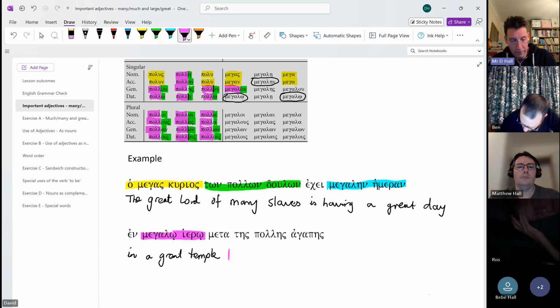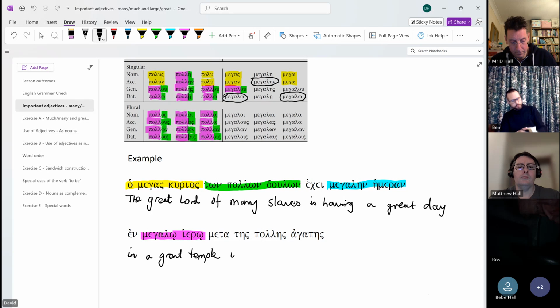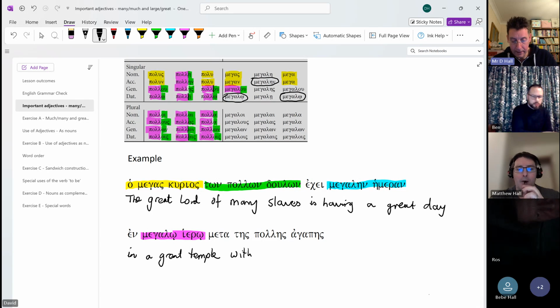So this is with. And we have tes pollis agapes. Agape, we're probably familiar with agape, love, and we have a genitive singular. So we have love here. So he's in a great temple with love, but we want pollis, so we'll use much, with much love.